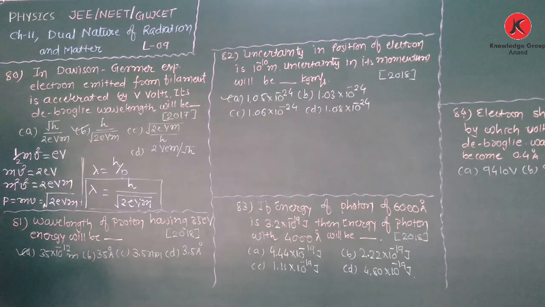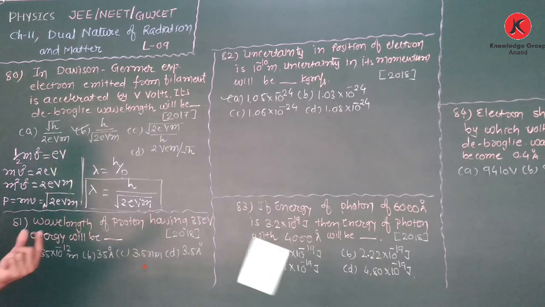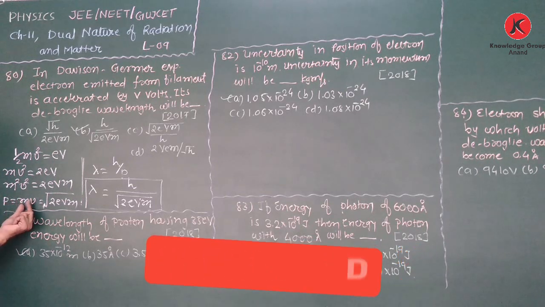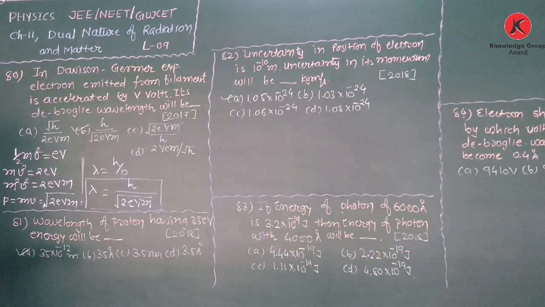Multiplying both sides by m, the mass of an electron, m squared v squared is equal to 2eVm. Taking the square root on both sides, the left-hand side is m v, the momentum of the electron. Therefore, p is equal to m v, which is equal to the square root of 2eVm.